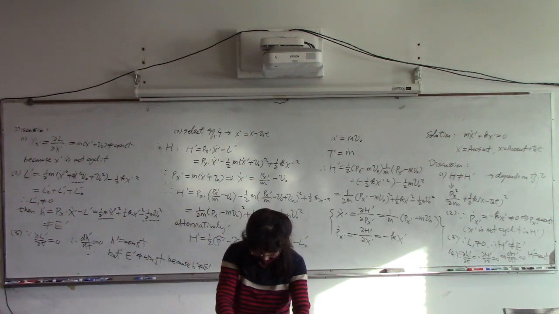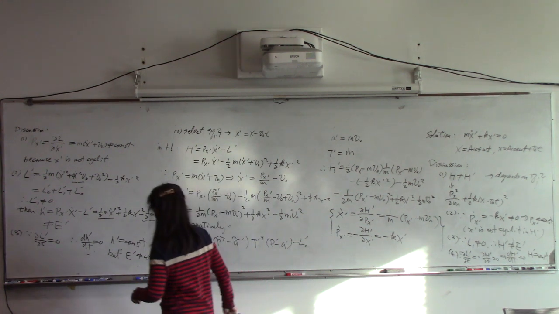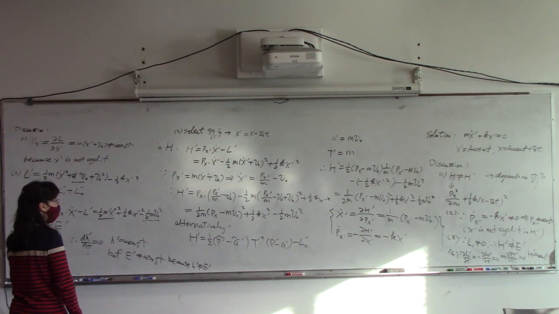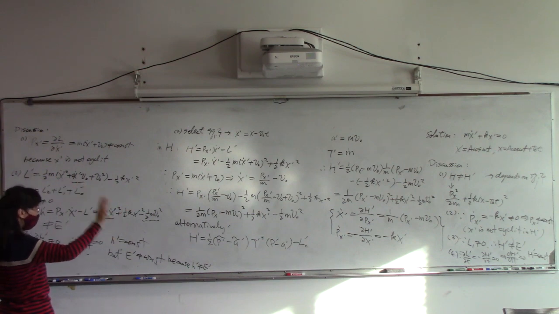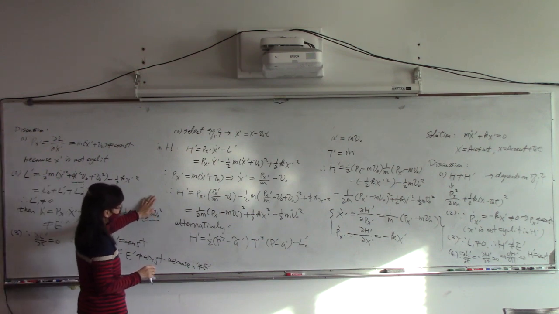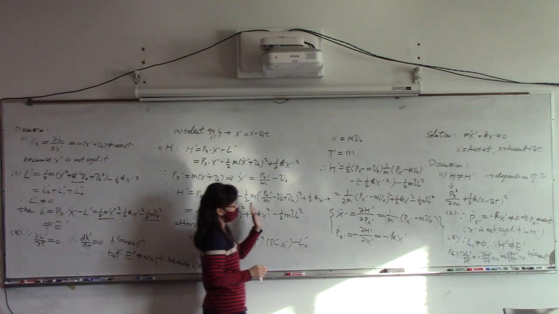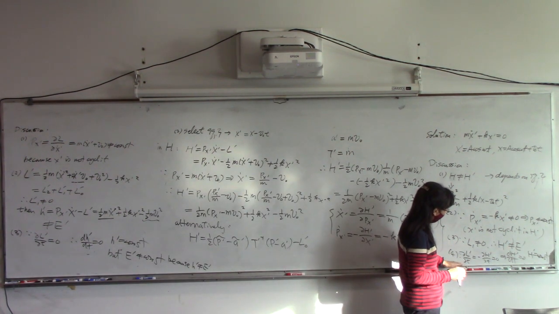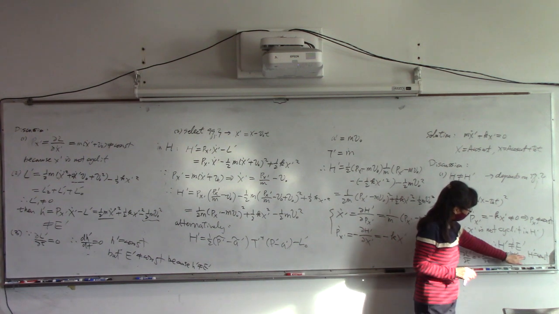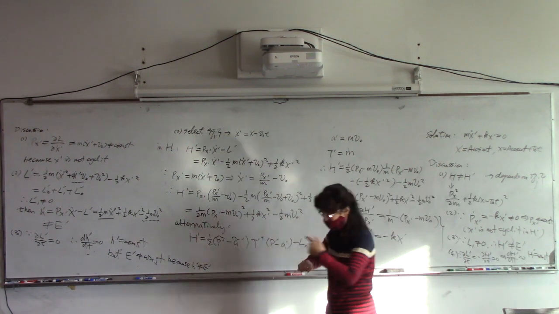So even though we change to another set of generalized coordinates, we have a different expression of the Hamiltonian, different value, different behavior. In the old one, the Hamiltonian is not conserved, but here in the other generalized coordinate, h prime is conserved, but it's not equal to energy.